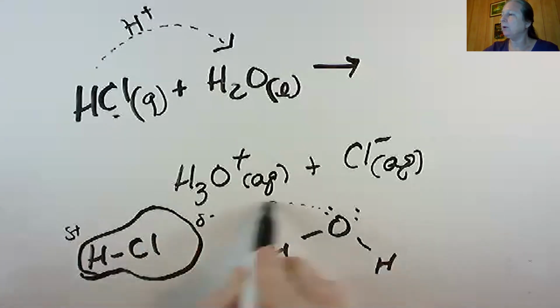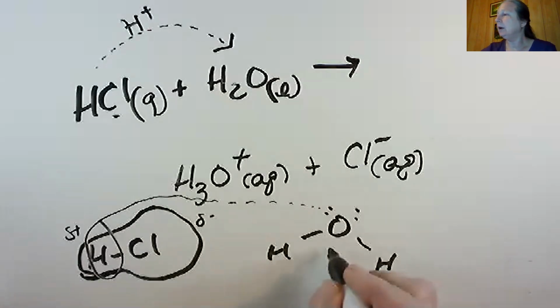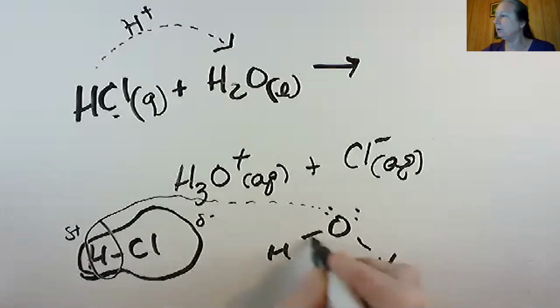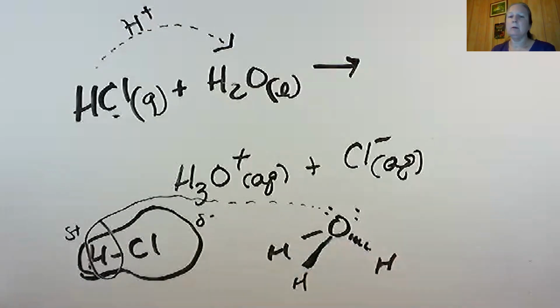So it's going to come over and it's going to snatch the proton, and you are going to end up with H3O plus. So this is the chemical reaction that occurs. It's very specific with water.